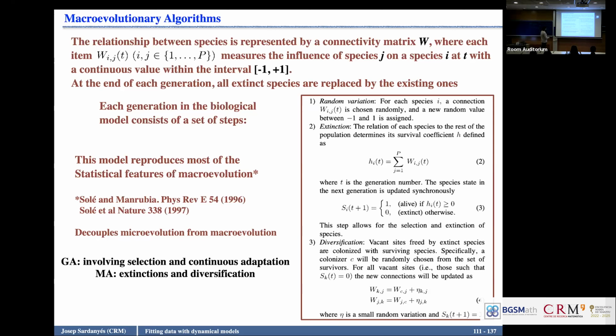It is important to say that in this model we are decoupling macroevolution from microevolution, in some sense. We have these mass extinctions, which will allow our system to be very exploratory, because genetic algorithms usually involve selection and continuous adaptation, despite you can have jumps. But this one allows for massive extinctions.